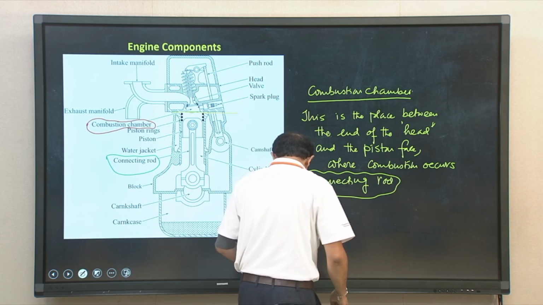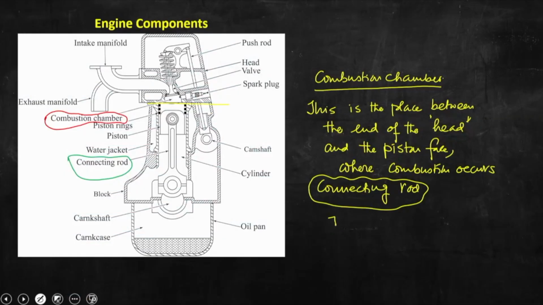So, the connecting rod is the linkage connecting the piston with the rotating crankshaft.